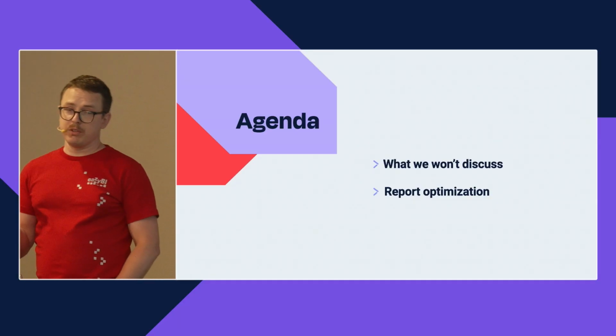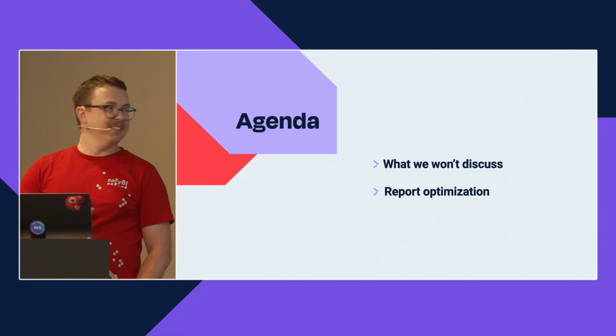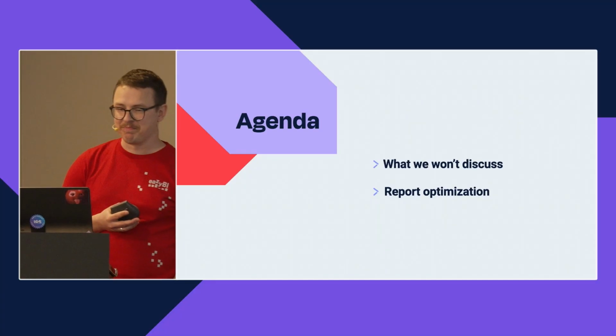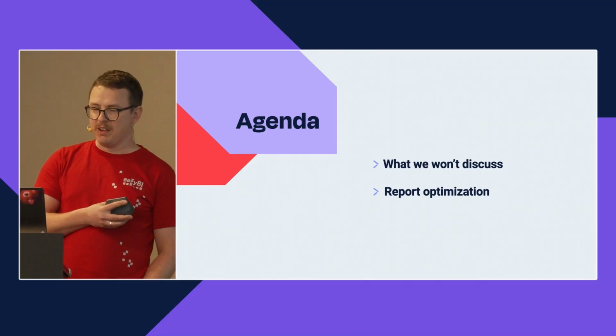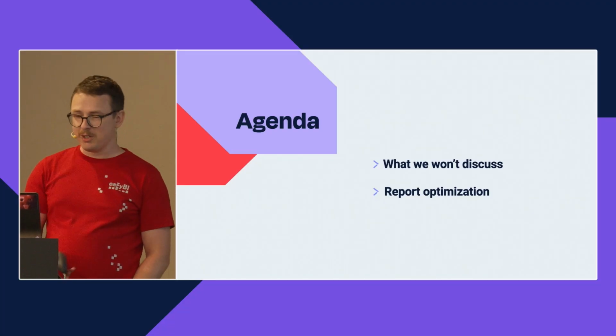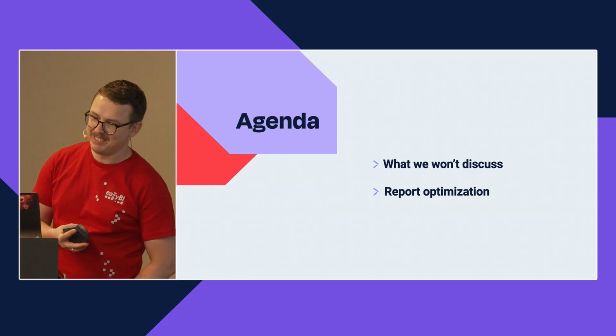So the agenda will be split into two halves. What we won't discuss, I will disclose the things I won't touch upon. And the other part, report optimization, we're going to optimize some reports.